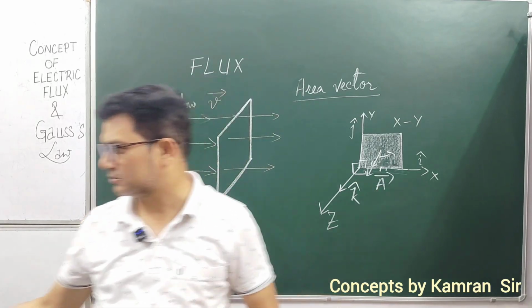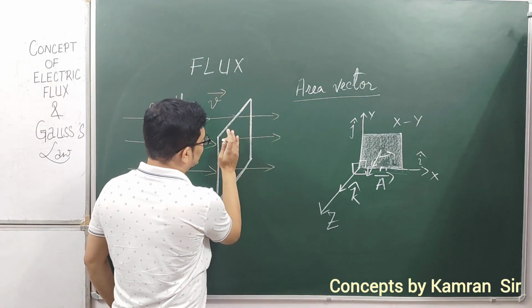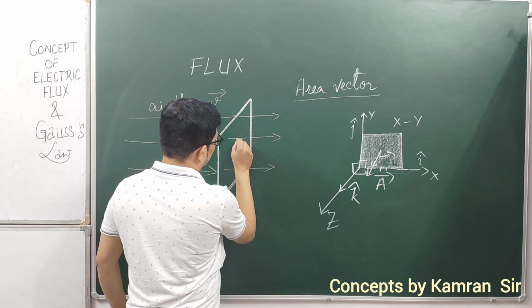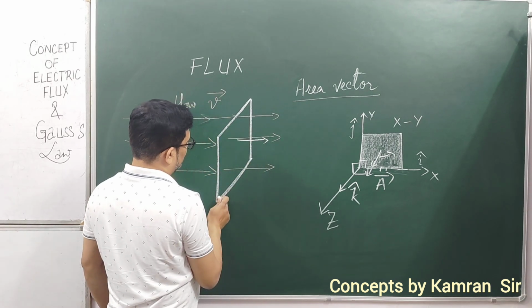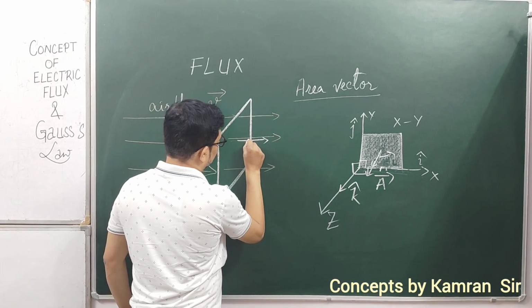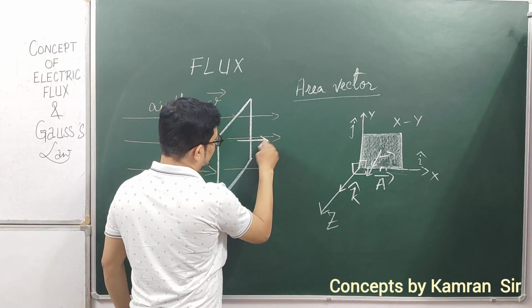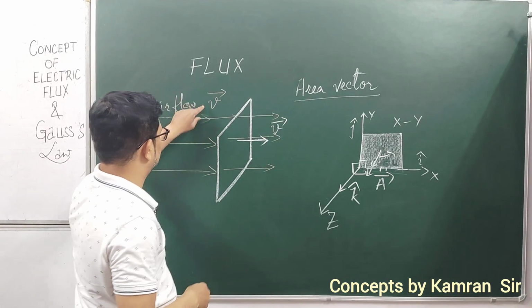So the area, although it's scalar, when we talk of area vector, this is actually showing up the face of it, and this is along this direction. If I take this to be the positive plane, this is protruding in the same direction as we have the direction of the velocity.